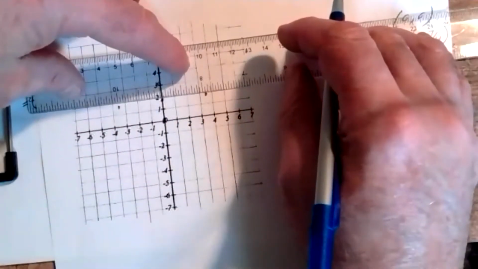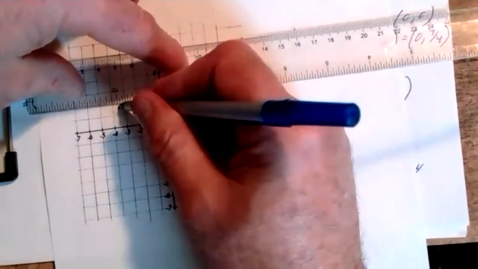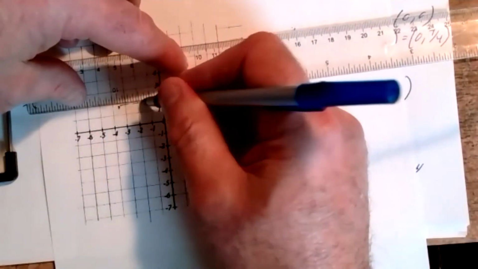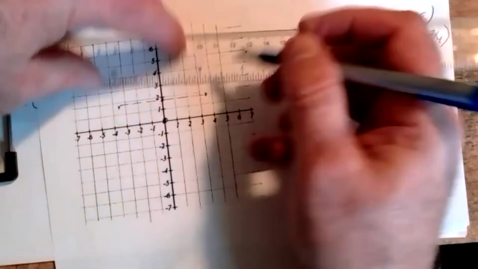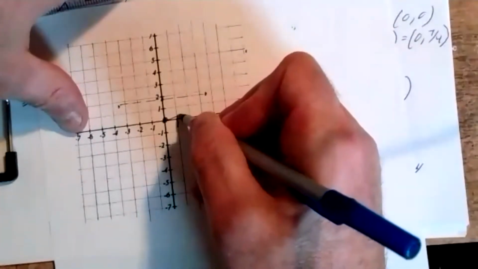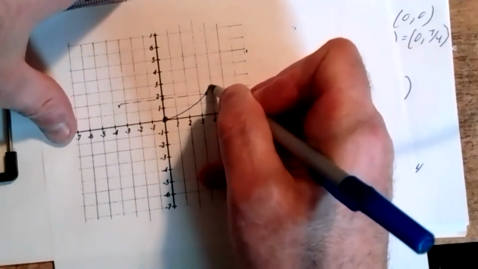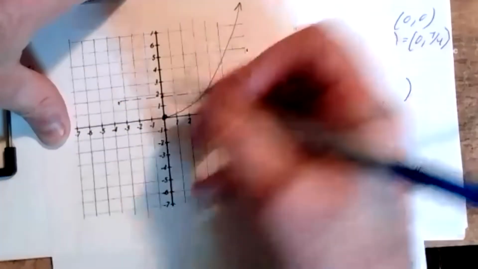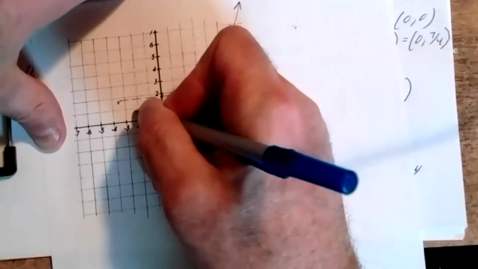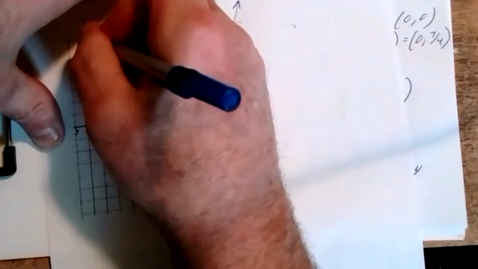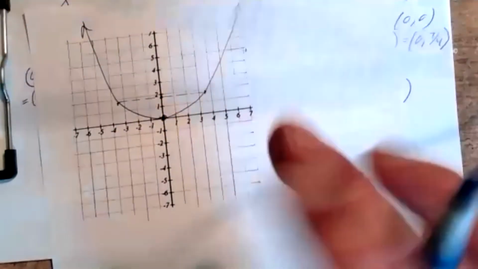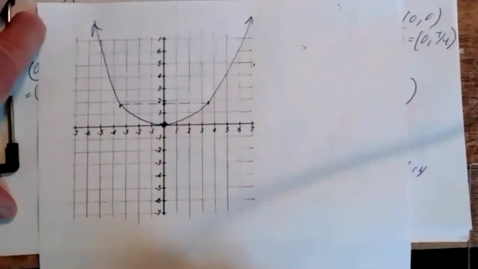So you could even put a little light line through here. And therefore your parabola is going to have to come up here and grab those endpoints of the latus rectum. So that would be a graph of your parabola there. That opens upwards.